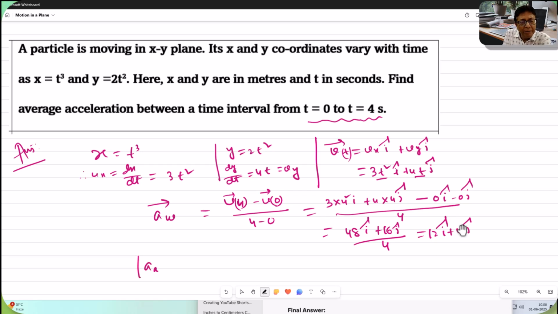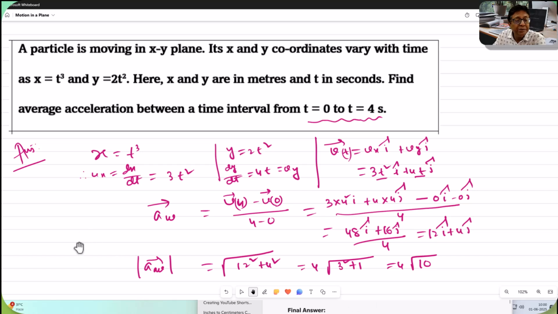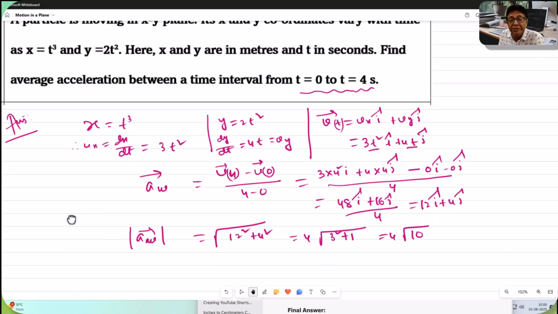Mod A average you can find: 12 square plus 4 square, 4 outside, 4 into root 10. And the angle, the direction, how to find? You know the components. So, tan theta with x-axis will be, this is what? AX i plus AY j.